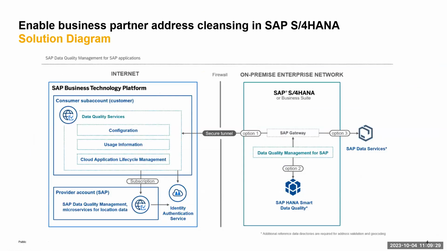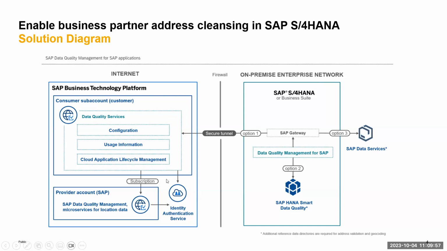This is the solution diagram for this mission. On the left-hand side, you have SAP Business Technology Platform. We have the data quality services, and you'll be creating the service instance here in your own consumer sub account, which is the REST API service. We also have a UI to go with that to help you.